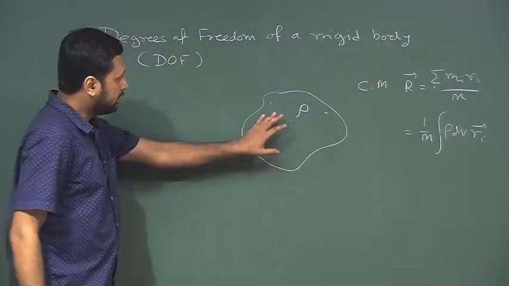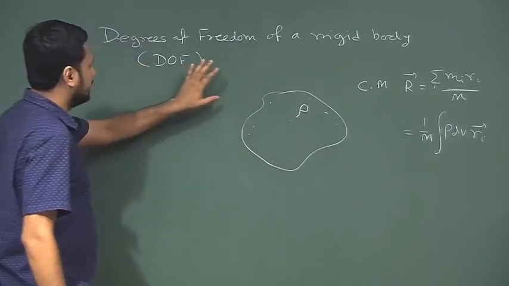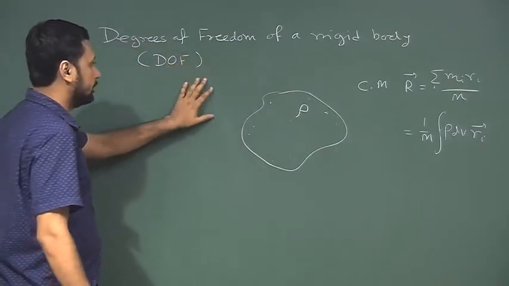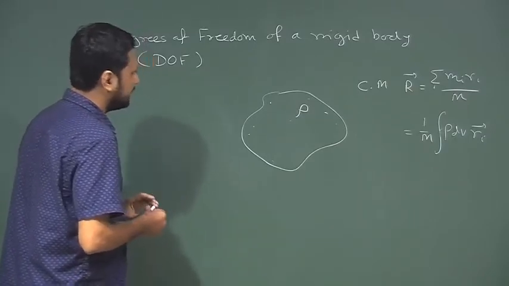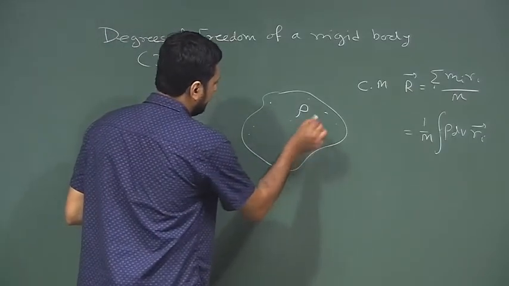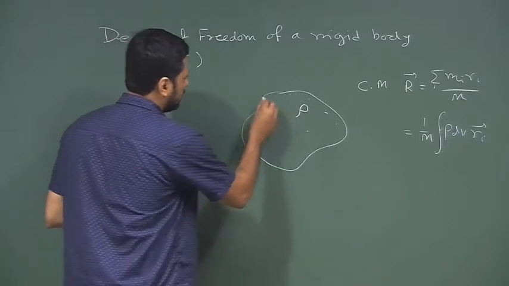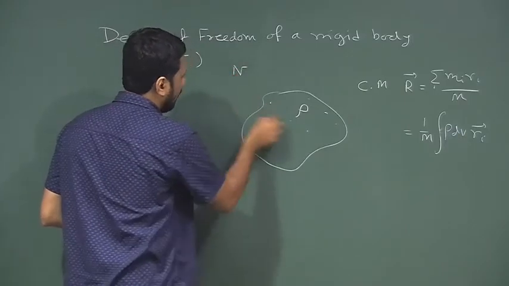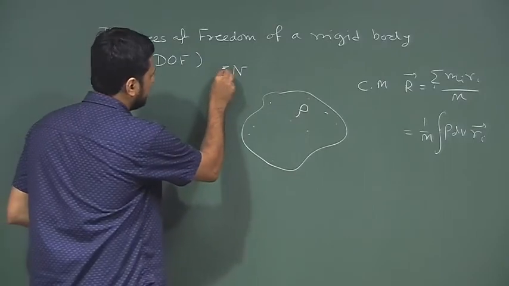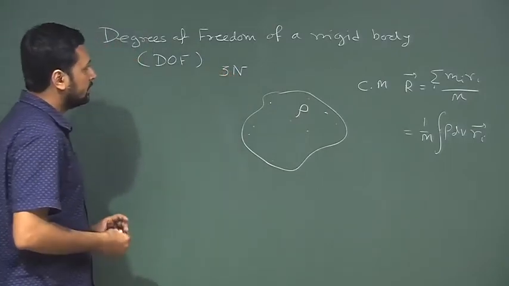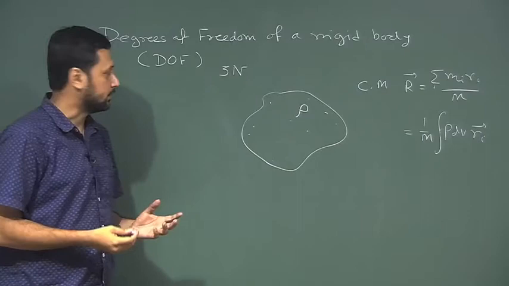Now, if we want to calculate the number of degrees of freedom of this rigid body, and we go by the standard construction that each point needs 3 coordinates, then n points in this rigid body will need 3n coordinates. That is wrong, we have discussed it already.